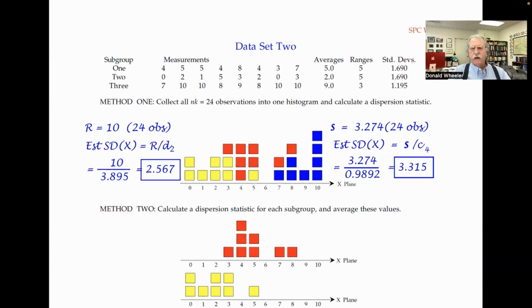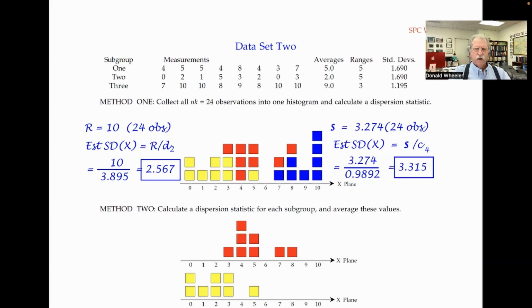So our unbiased estimate for the standard deviation parameter will be S divided by C4. That's 3.274 divided by 0.9892, which gives me a 3.315, which is twice the size of the estimates we got on page 29.